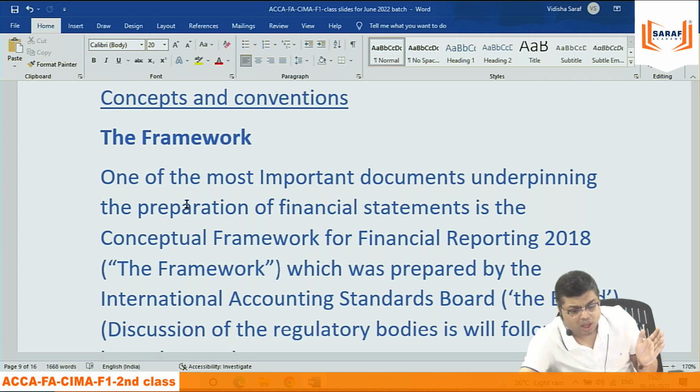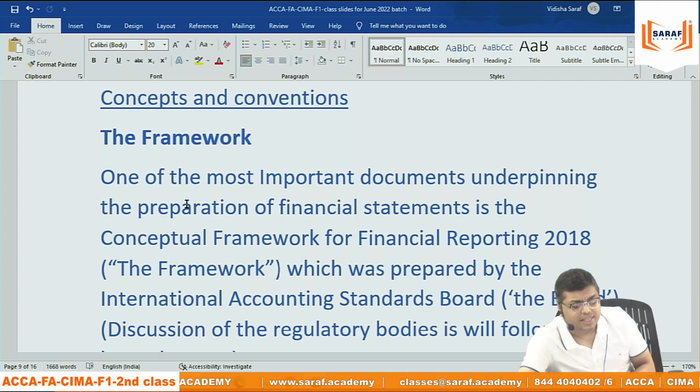So before 2000, it was accounting standard. After 2000, in 21st century, it is International Financial Reporting Standards. Sometimes the old standards are deleted. There are many old standards which are deleted, against which the body has introduced the International Financial Reporting Standards.